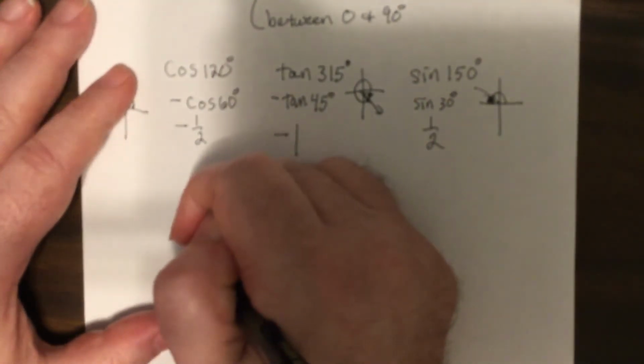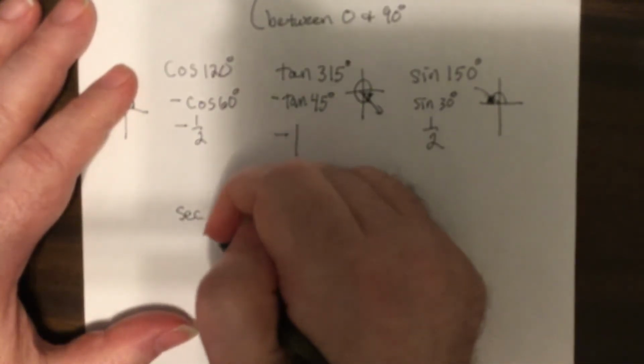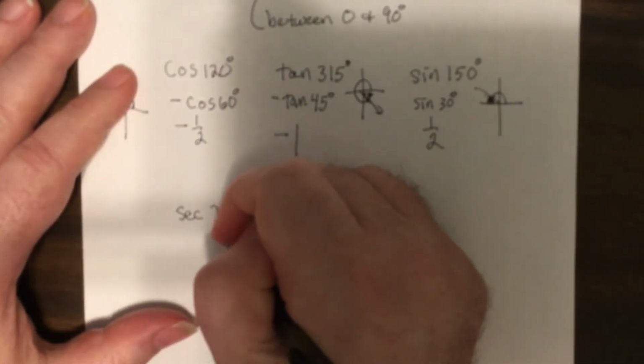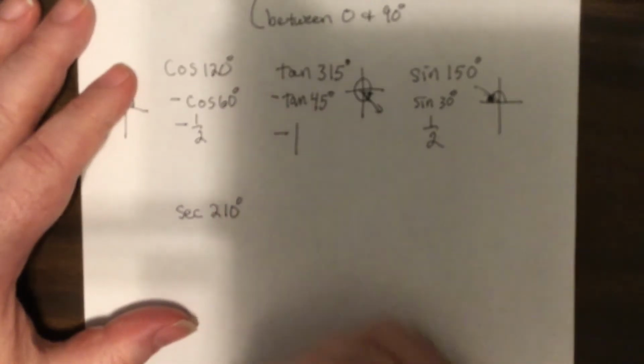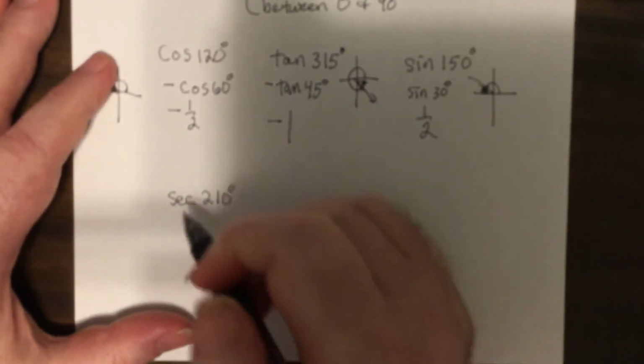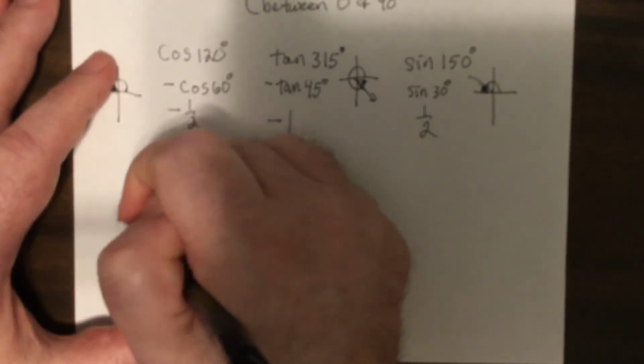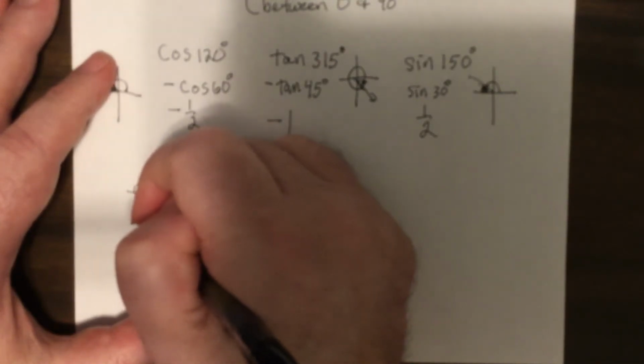So if I said, okay, what's the secant? Holy cow, secant of 210. Well, I remember cosine and take the reciprocal, because secant's reciprocal cosine. So I'd say it's in the third quadrant.